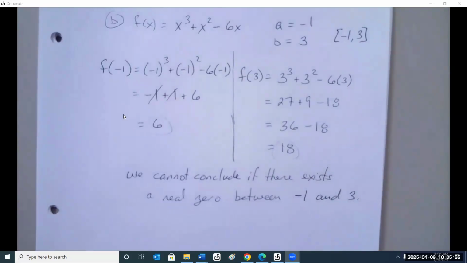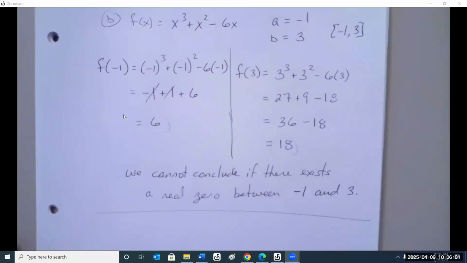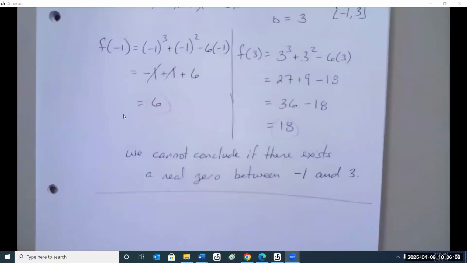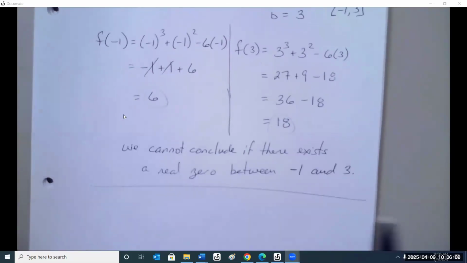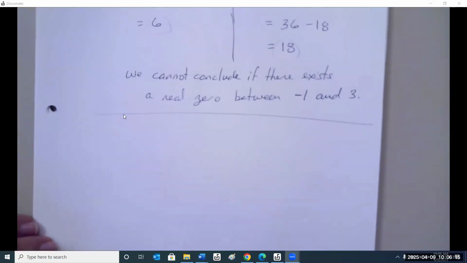We can't tell anything. There could be a million of them, but we're just not sure with our numbers. That'd be the answer. If they're the same signs, the intermediate value theorem is not useful. It's only useful if it's negative, or if opposite signs.